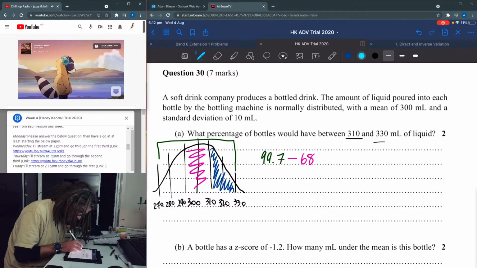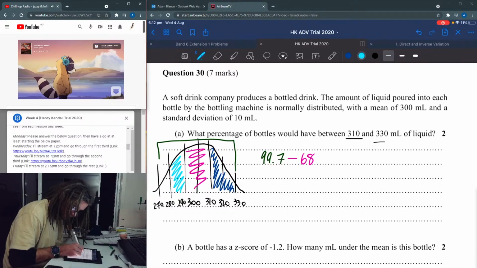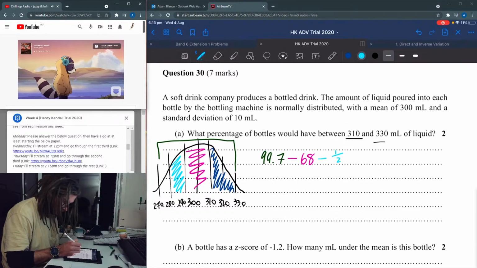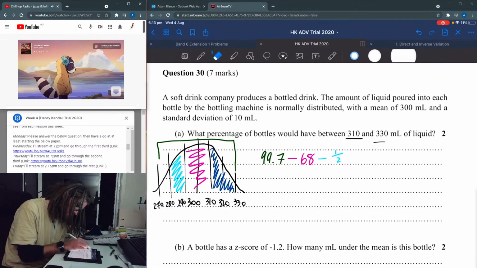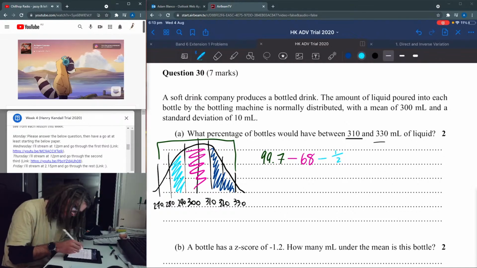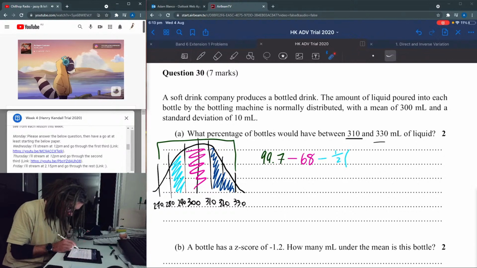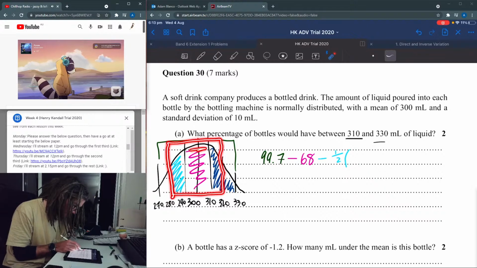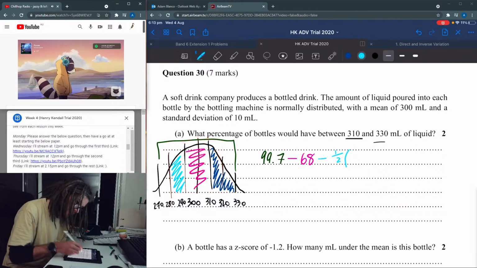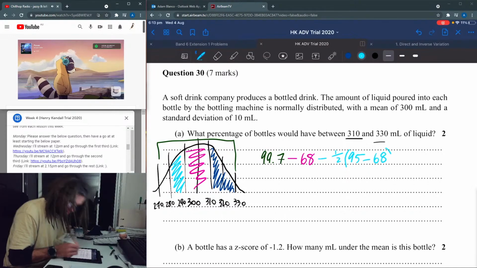Then I want to take away this part here. So that's minus half of, damn it, that's not half, is it? This is gonna be so confusing. So this whole part here is 90. Damn it, what is it? Is it 95? I think it's 95. So 95 minus 68, and then halve it. So 95 minus 68.